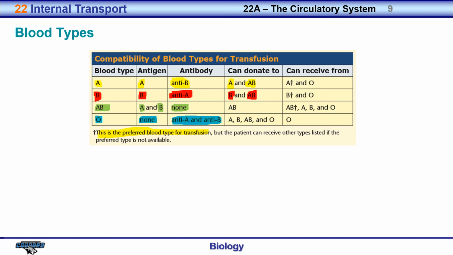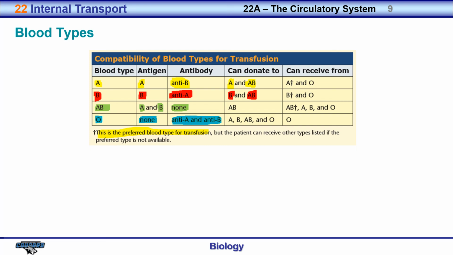So as you look at this system right here, type O blood could be donated to everybody.